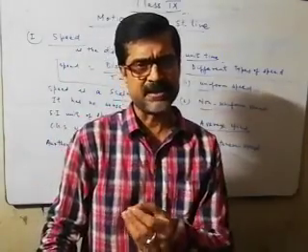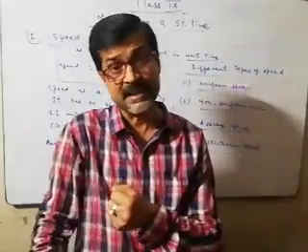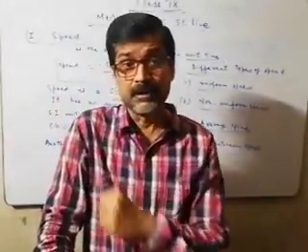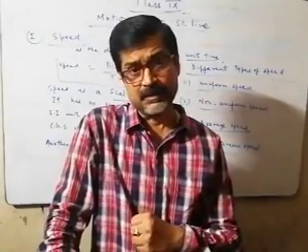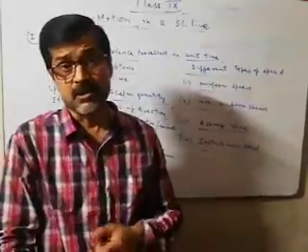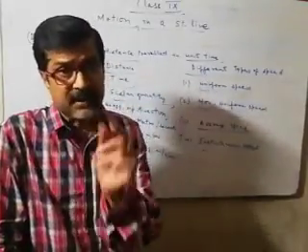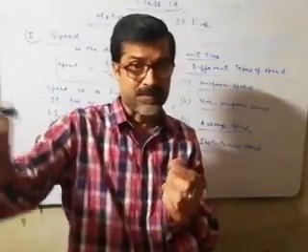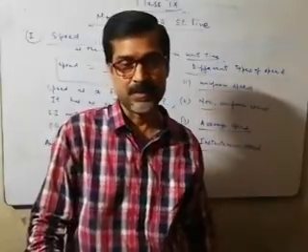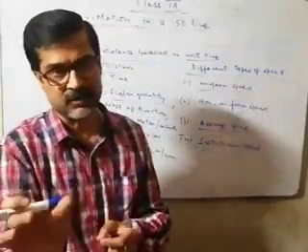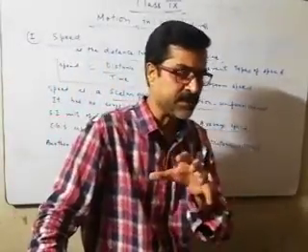For maybe 5 minutes I could have been at 70 km per hour. For maybe 10 minutes I could have been at 40 km per hour. Sometimes maybe a little bit 10 or below 5 or whatever like that. So different speeds at different time intervals, but during the whole course there is a total time taken and total distance traveled. If we divide total distance traveled by total time, we get the average speed of any journey.